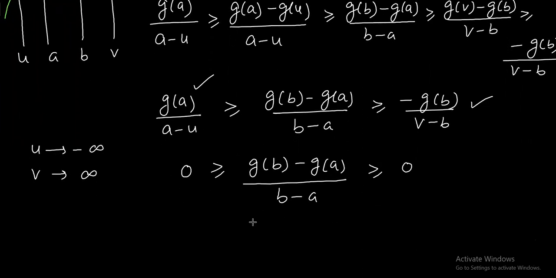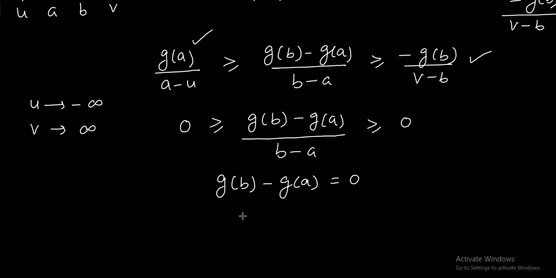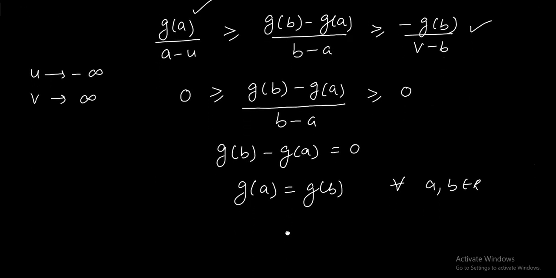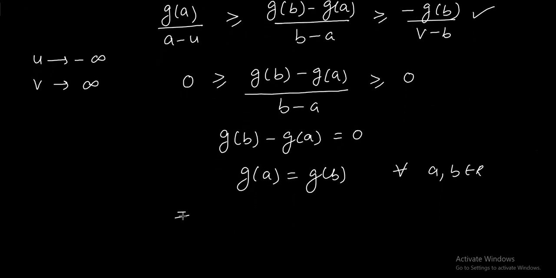But from this inequality, again, I can conclude that g of b minus g of a is turning out to be 0. What do you mean by this? It means that we are getting g of a is equal to g of b for any pair of real numbers a and b. Since it is true for any real a and b, whatever a and b we take, I can say that this implies g of x must be a constant function.